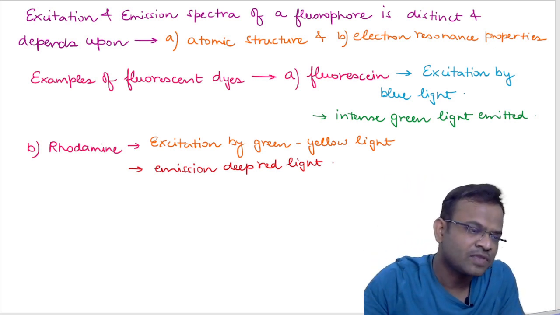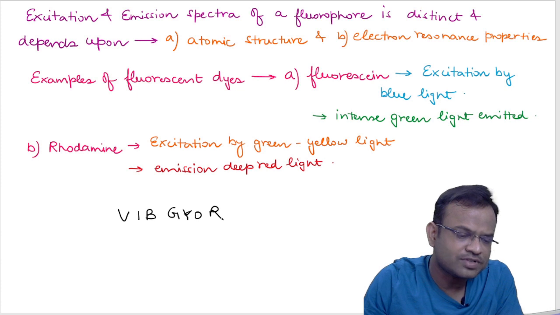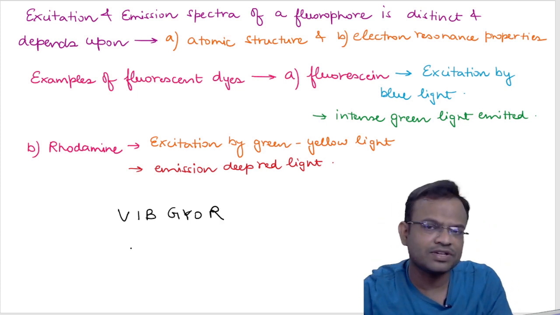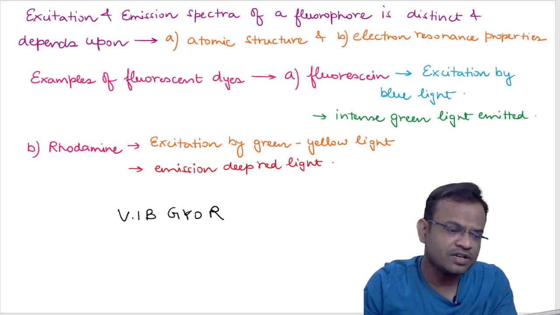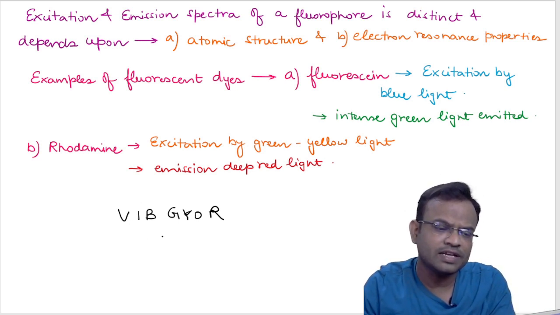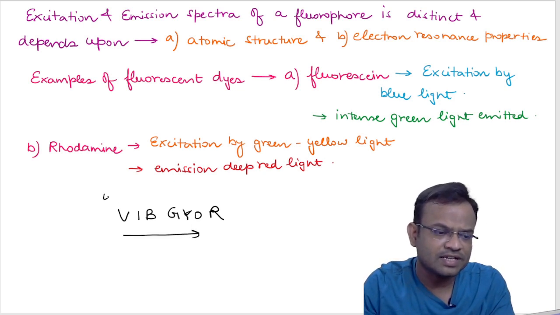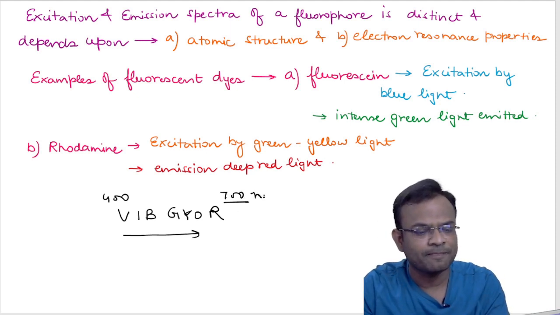Let us see this. You would have studied electromagnetic radiation in the visible region, right? This is VIBGYOR: violet, indigo, blue, green, yellow, orange and red. If you start from here till here, let us say the wavelength is 400 over here, and 700 over here. This is in nanometers.